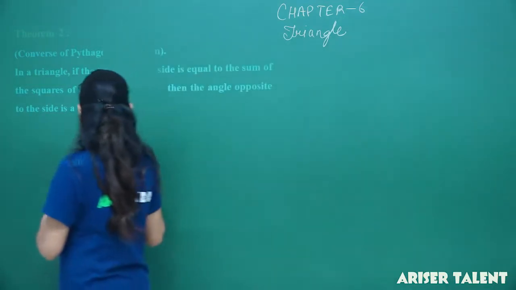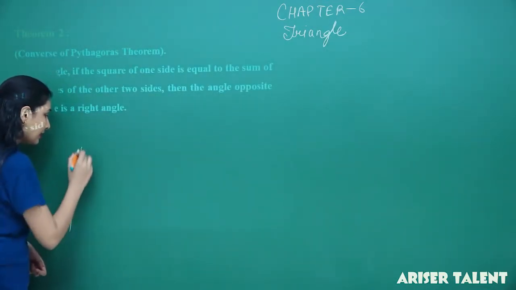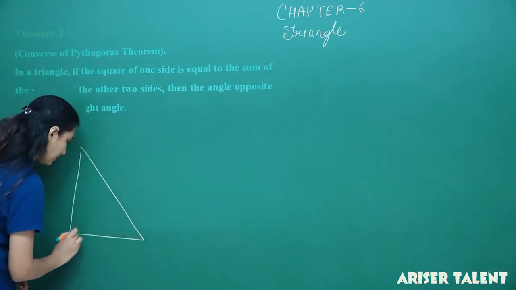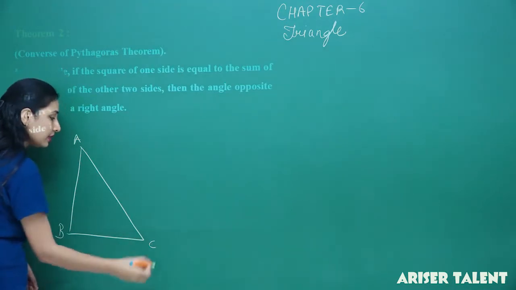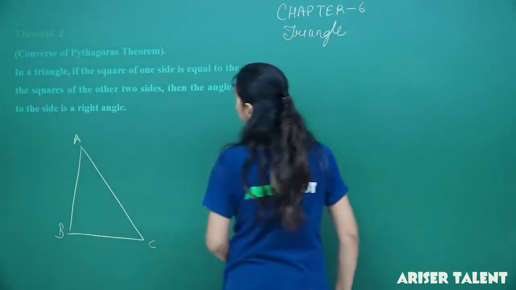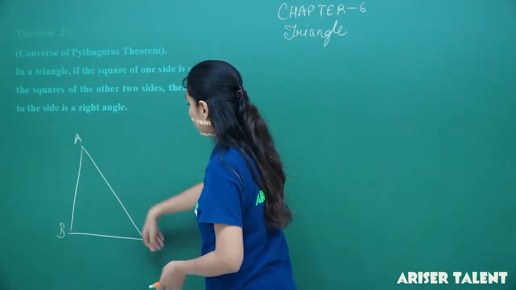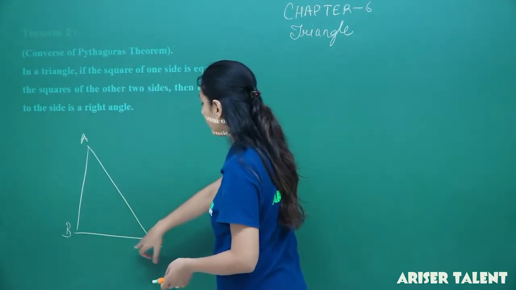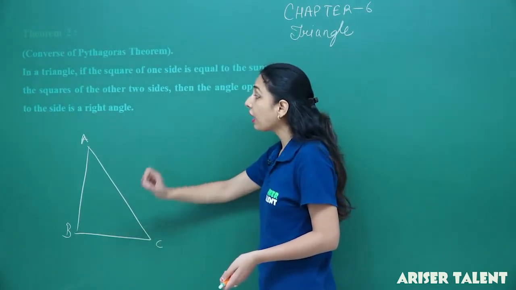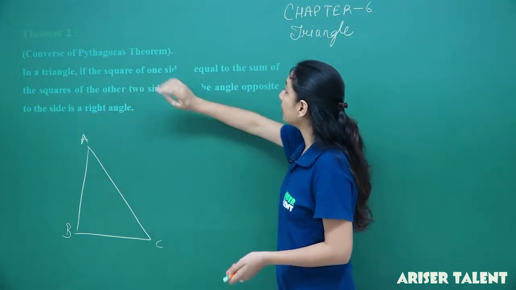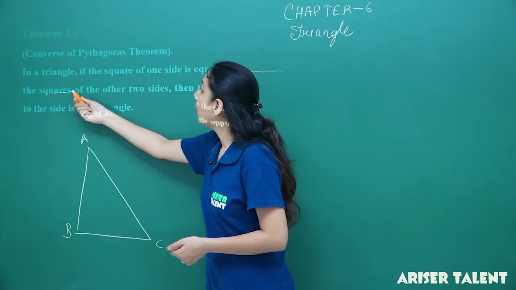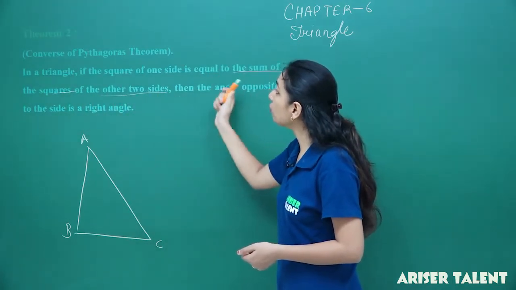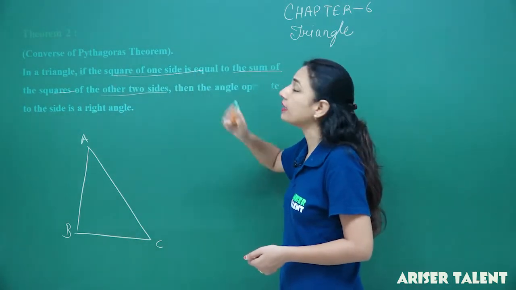If we take any triangle, let's suppose ABC, that's A, that's your B, and that's your C. Mark it, students. Now, it's saying that AC square equals AB square plus BC square, because the sum of the squares of the other two sides equals the square of one side.